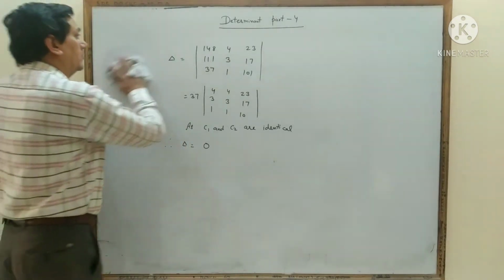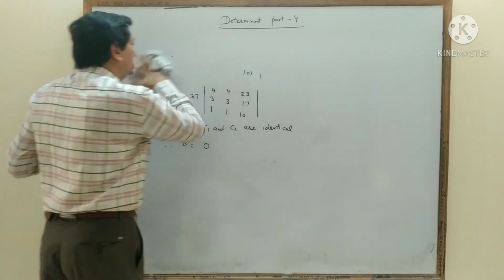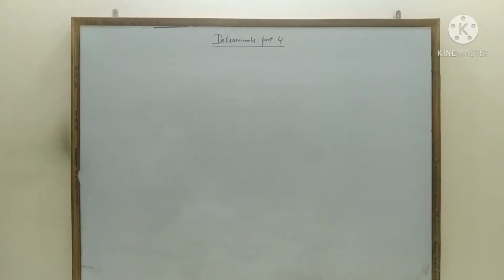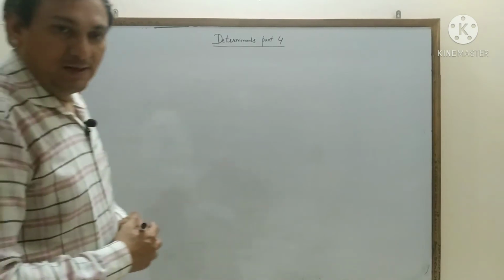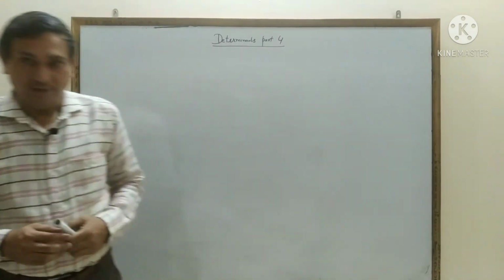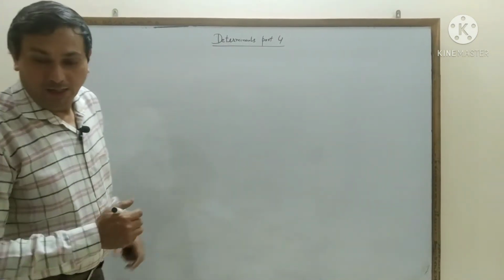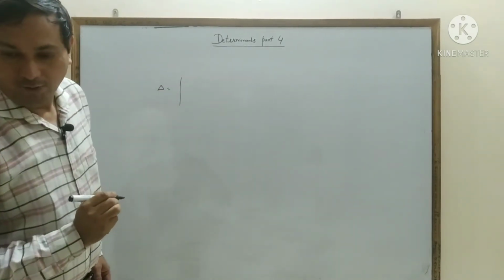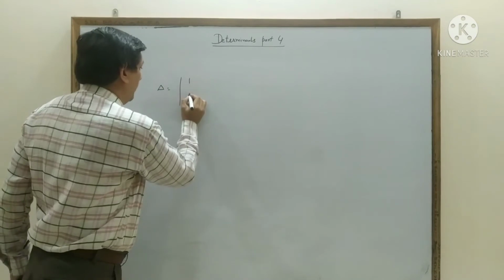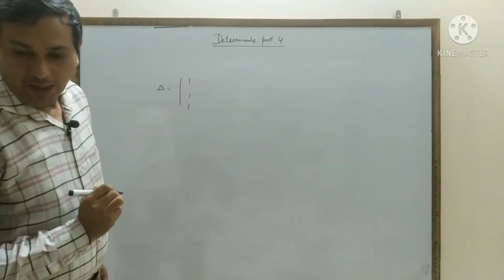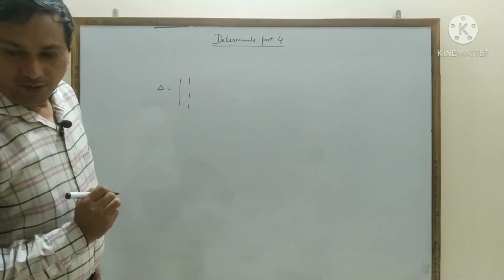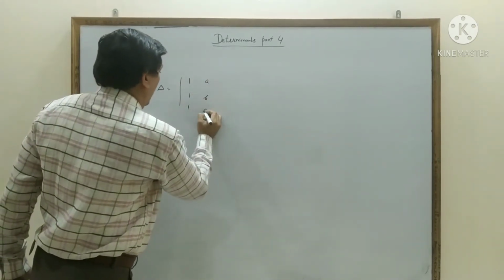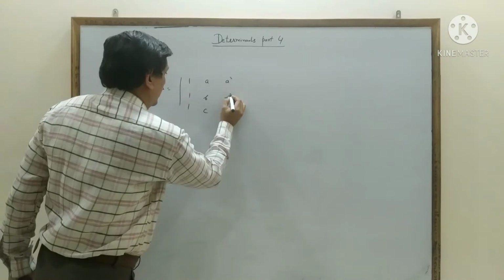Let us take one more example. We are having 1 1 1, a b c, a square b square c square.